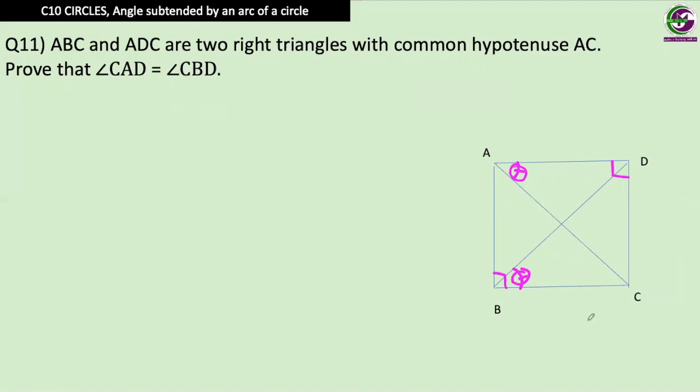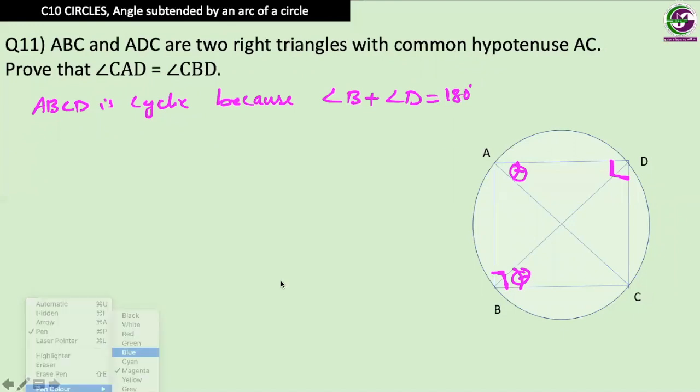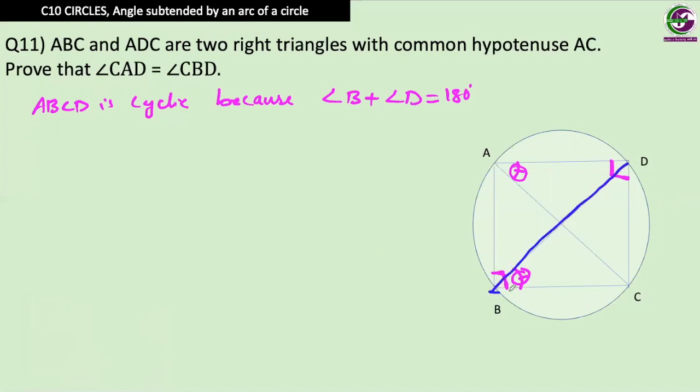Now this is a right triangle. So opposite angles are 180. So this quadrilateral is cyclic. ABCD is cyclic because angle B plus angle D is 180 degree. If the opposite angles add up to 180, it is cyclic. When we consider the segment CD, we can find two angles in the same segment and they are equal.